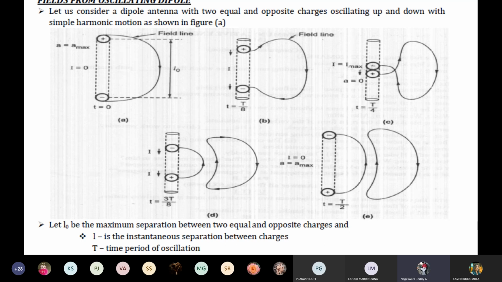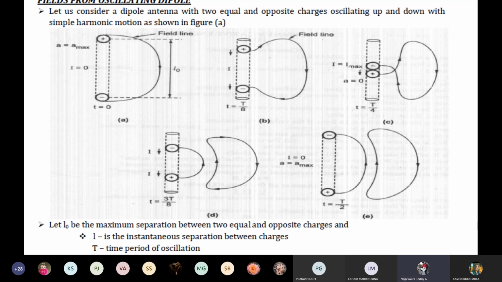Hence, acceleration of charge is maximum and current is equal to 0. There will be an electric field line from positive charge to negative charge as shown in the figure. This is the electric field line at t is equal to 0.